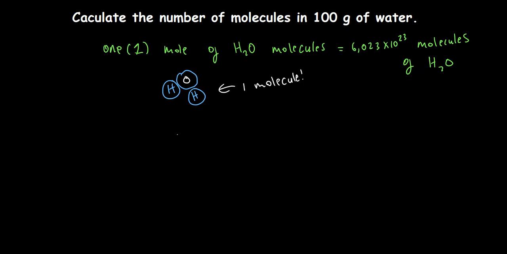Like I said, we can simply use this formula that has mass. The mass is 100, the molar mass is 1 times 2 plus 16, and then you're going to get 5,56 moles. Now you have the number of moles of H2O.